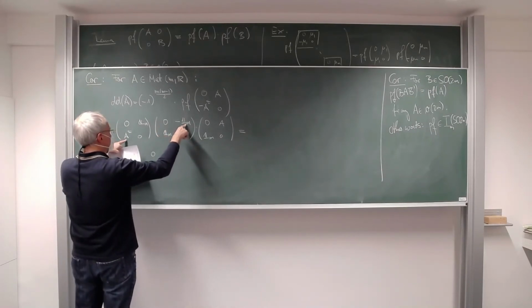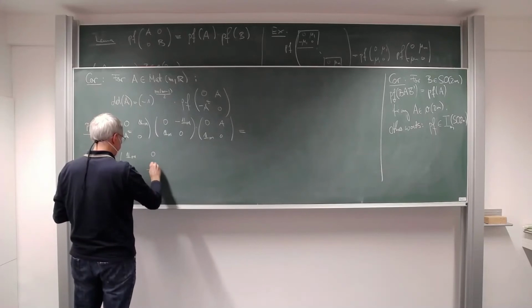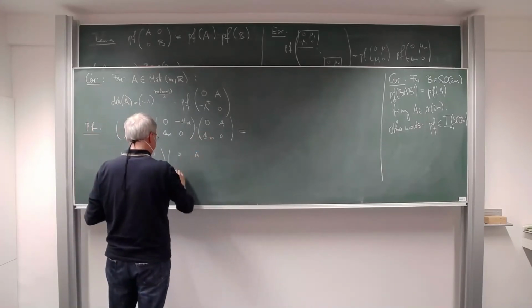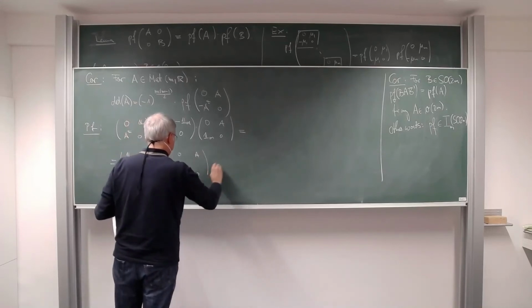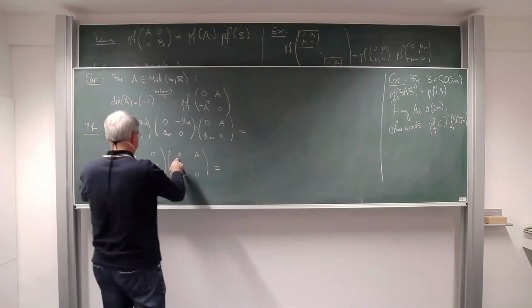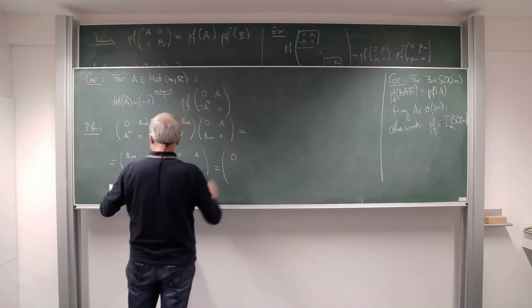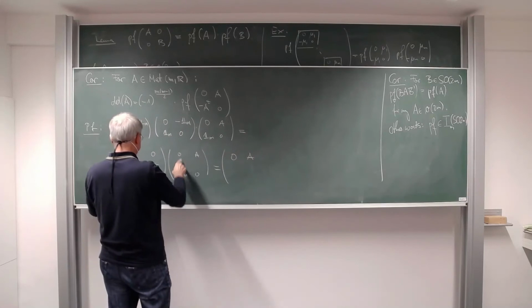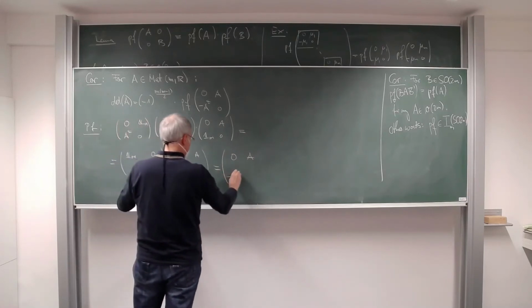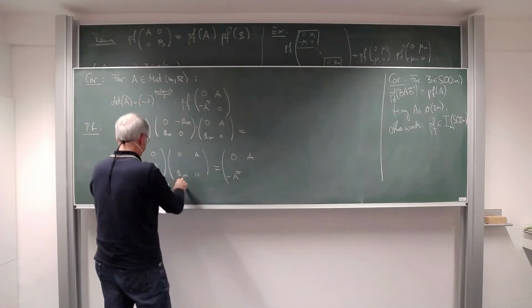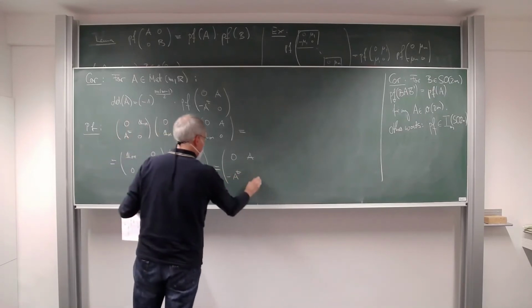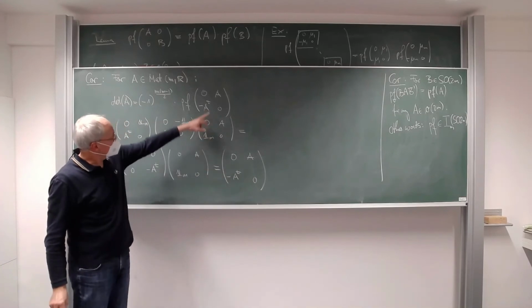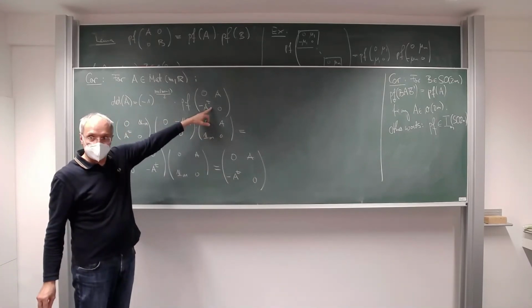And here I have minus identity times A transpose gives me minus A transpose. And now multiplying again, 0, 0 gives me 0. Identity times A gives me A. 0 times minus A transpose times identity gives me that, and then I have 0 again. So what we get as a result is exactly this thing that we have to insert in the Pfaffian.